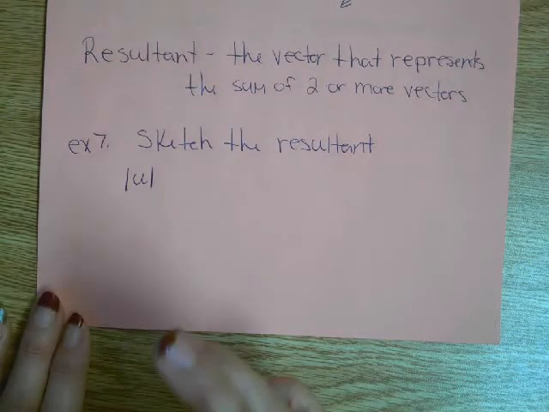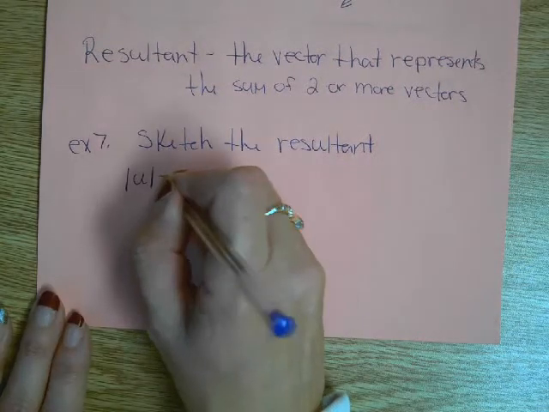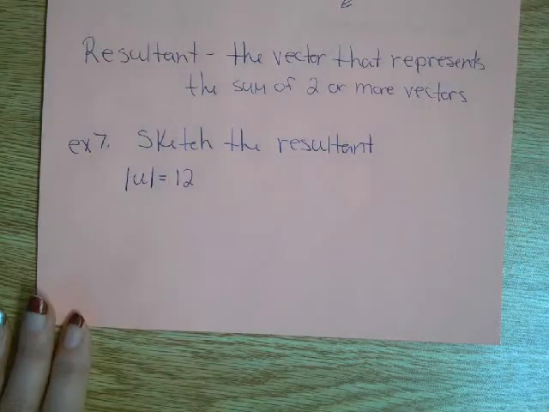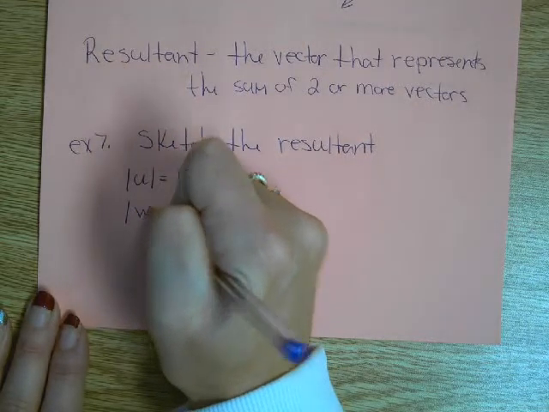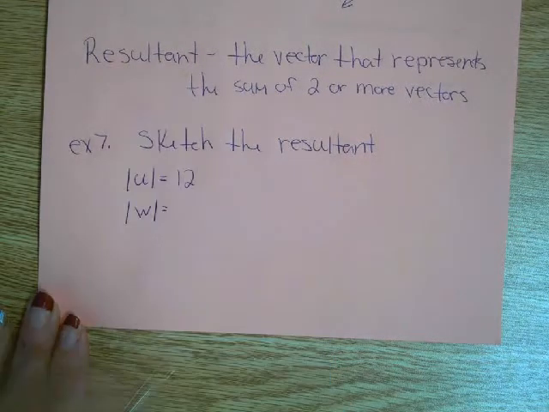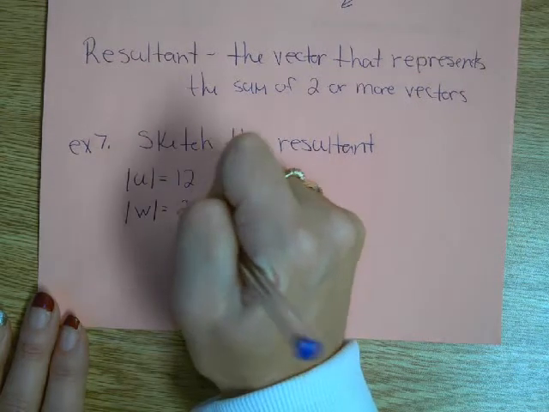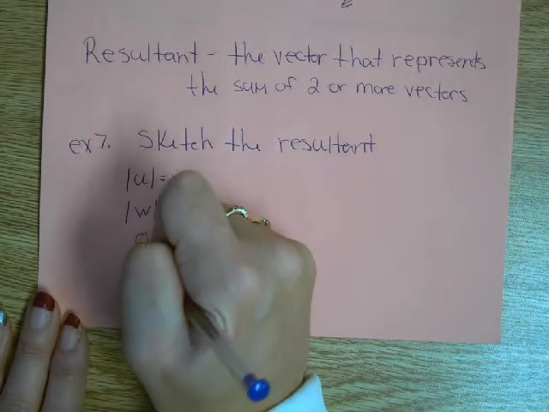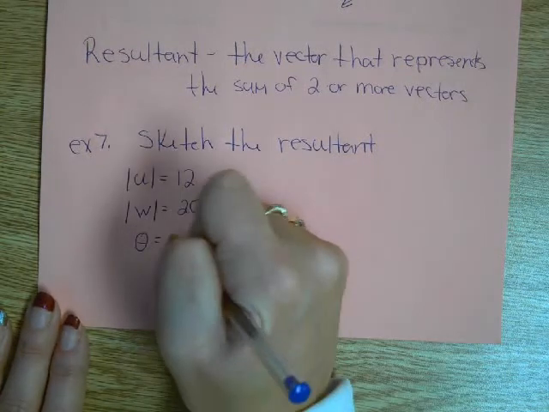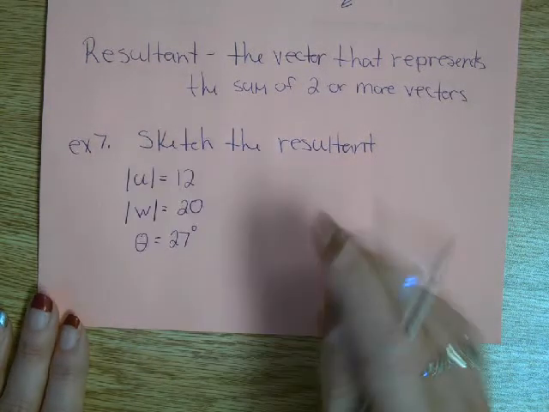So the absolute value of u means the magnitude of vector u, 12. You can think of it as a length. The magnitude of vector w is 20. Think of it as a length. And theta is 27 degrees.